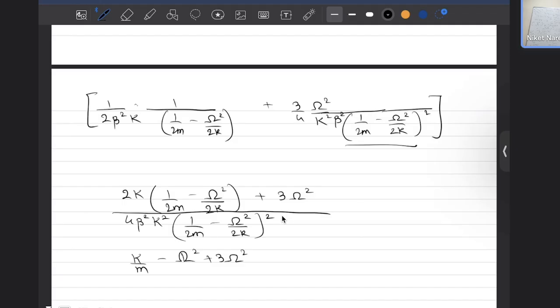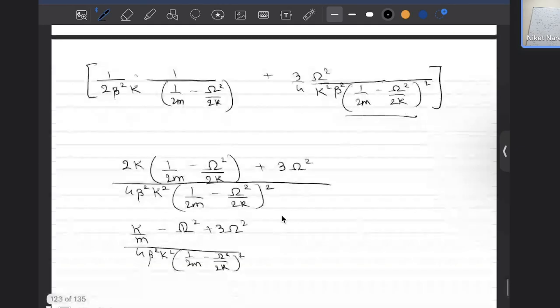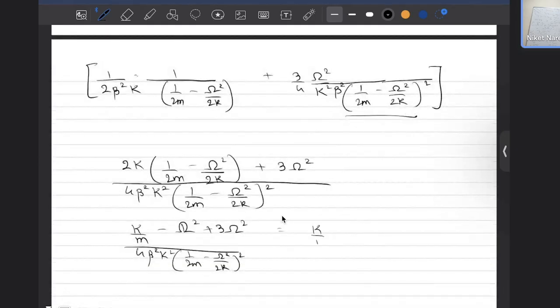Divided by 4 beta square kappa square, 1 by 2m minus omega square by 2 kappa the whole square. So what I have here is kappa by m plus 2 omega square divided by 4 beta square kappa square, 1 by 2m minus omega square by 2 kappa the whole square. This is what I end up with.